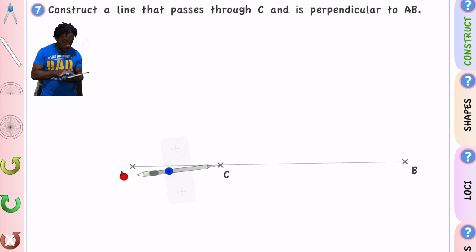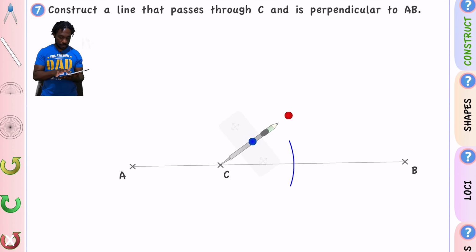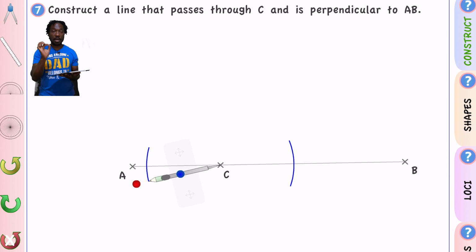Make sure it doesn't go past A too much. I'm just going to pull this back a little bit. So I'm going to do an arc here, spin on that same point and do another arc there. Where the arc cuts the line AB, that's definitely equidistant from C, meaning the same distance away.